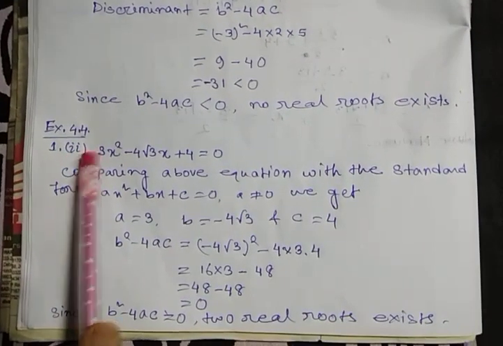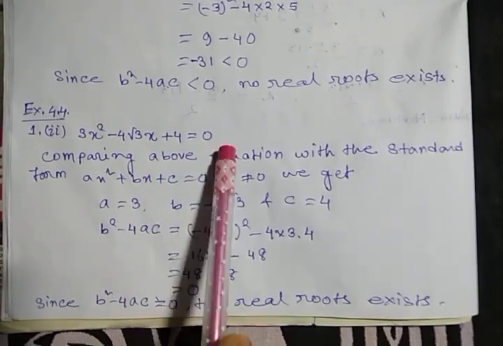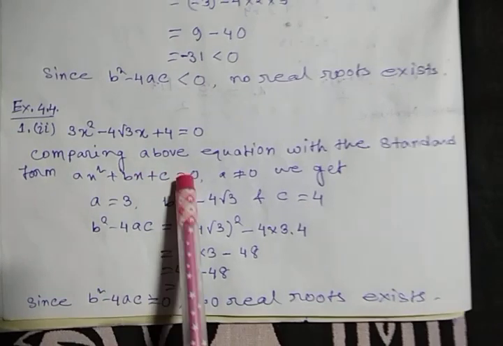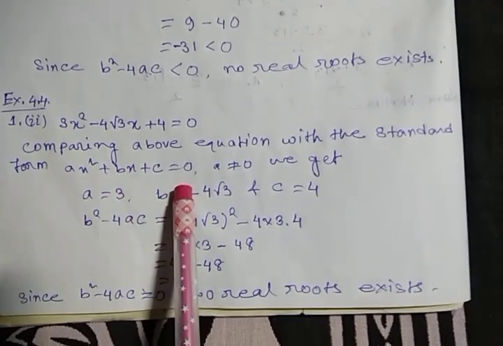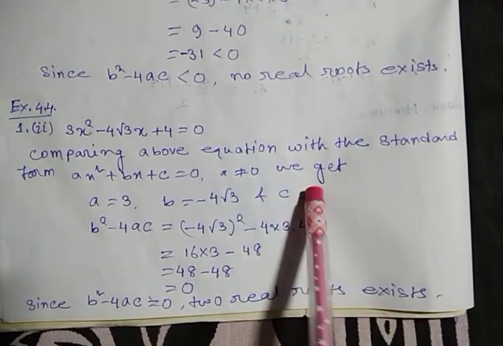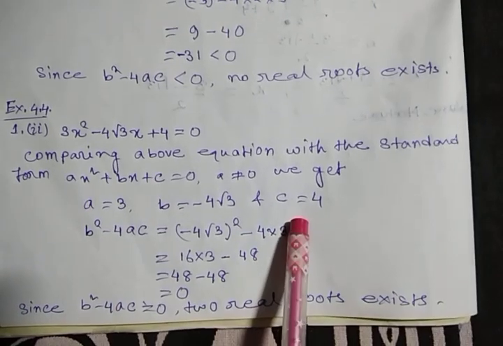Exercise 4.4, question number 1, part 2: 3x square minus 4 root 3 x plus 4 equal to 0. Again, comparing with the standard form ax square plus bx plus c equal to 0, we get a equal to 3, b equal to minus 4 root 3 and c equal to 4.